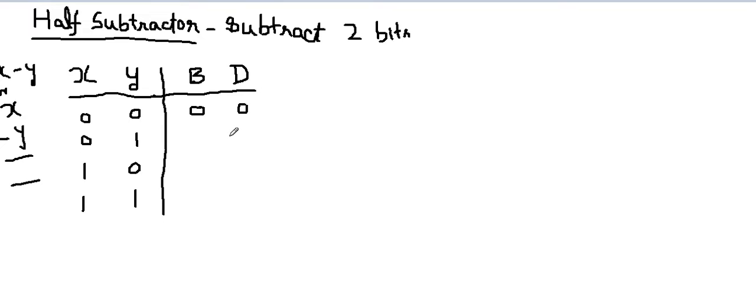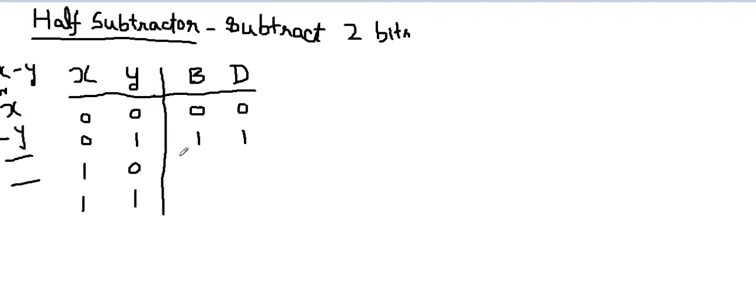The difference is 1, because 0 minus 1 will be minus 1 in decimal. In the binary number system it will be 1, and in that case we have to take a borrow. So we will write 1 here.